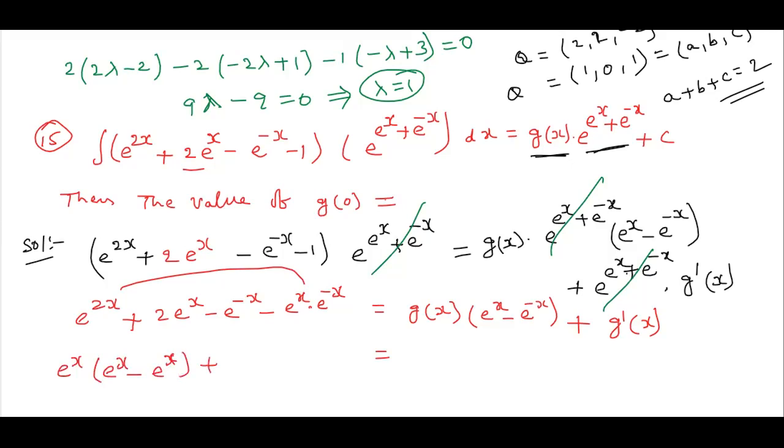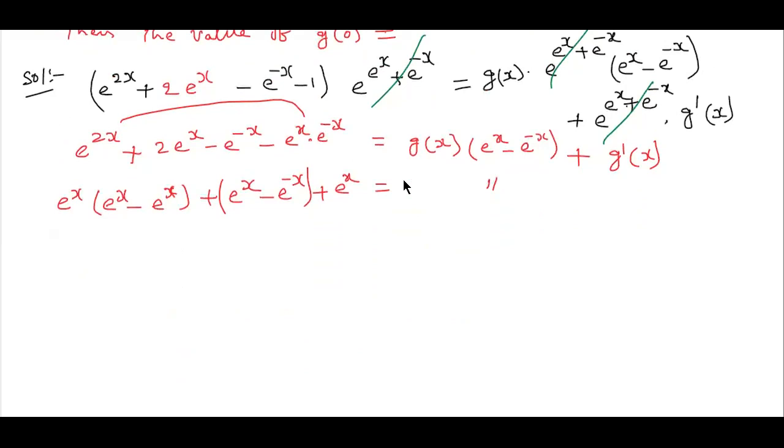Okay, plus here 2 e power x is there, right? 1 e power x minus e power minus x plus 1 more e power x. Because 2, now these two, 1 unit. Now this is the same. Next, observe this. Here common is (e power x minus e power minus x).